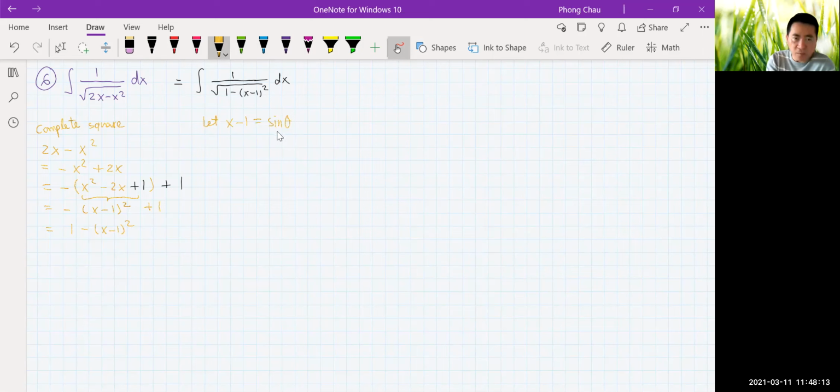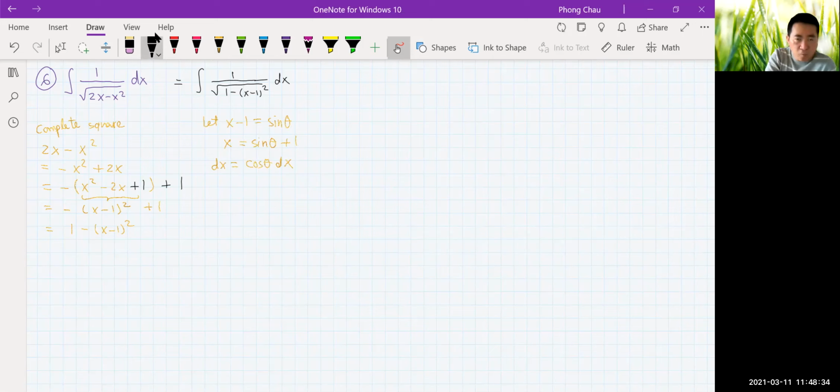If you let x minus 1 be sine theta, you can solve for x, which is sine theta plus 1. Now I take the derivative: dx is cosine theta d theta.